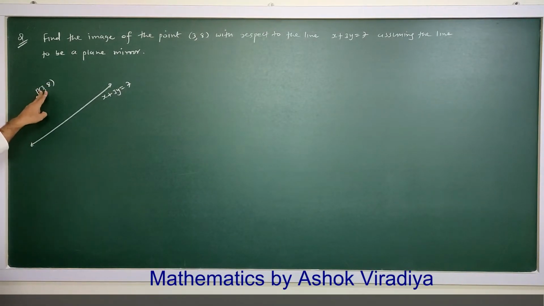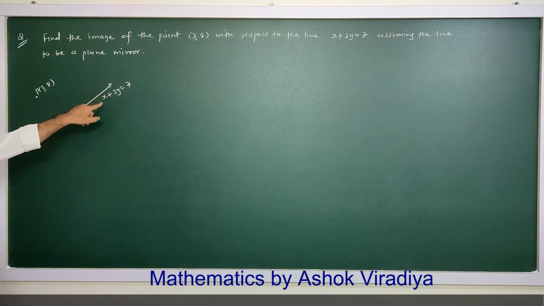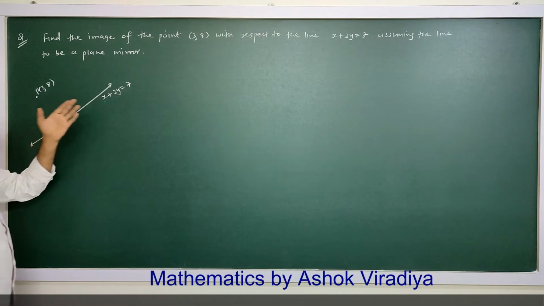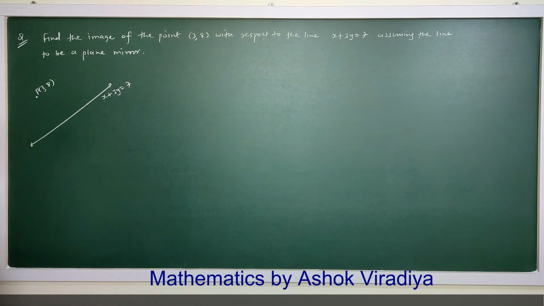This point does not satisfy the equation. If you put x = 3 and y = 8, then LHS is not equal to RHS. So it does not lie on the line. It is an exterior point.